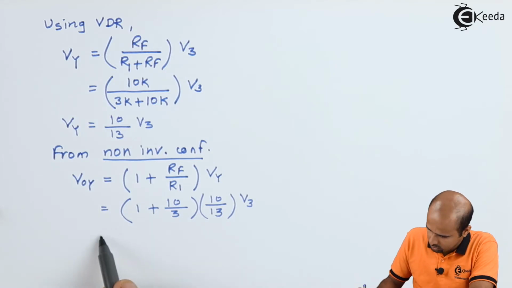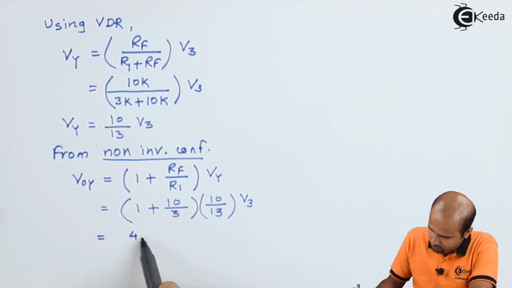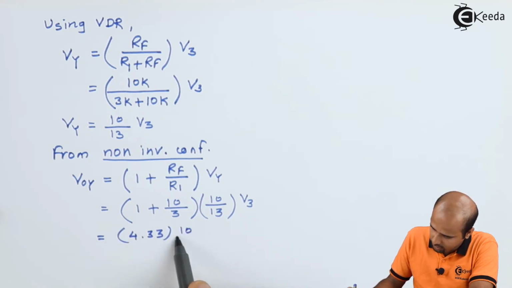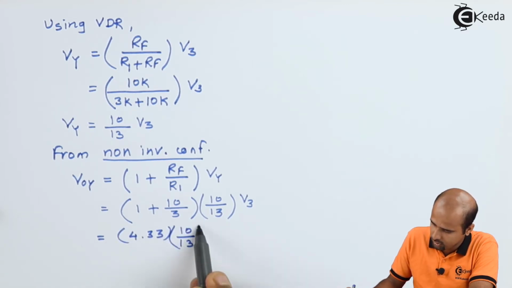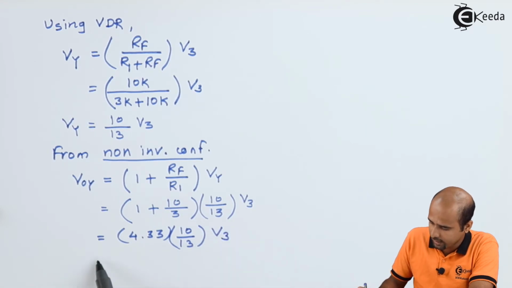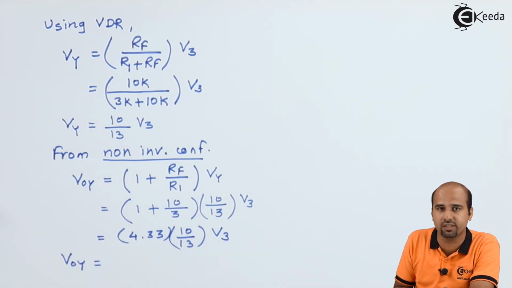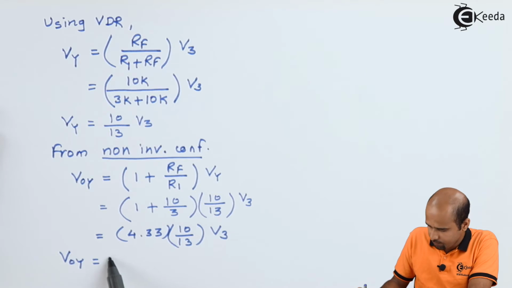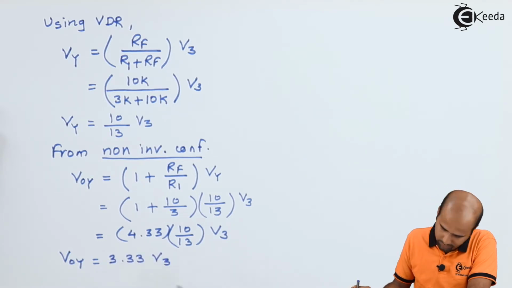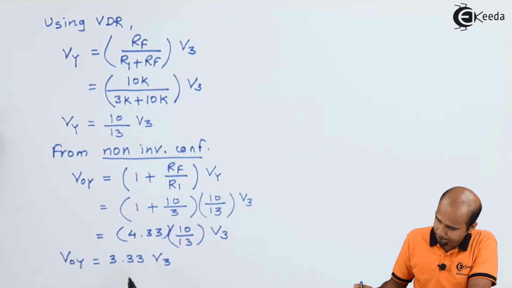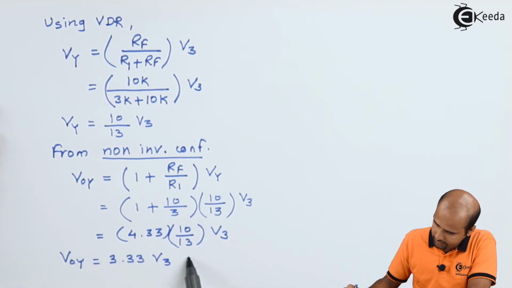We will be getting 4.33 multiplied by 10 by 13. Just check your calci and calculate this particular value. You will be getting the value of VOY in terms of V3 directly. This will come out to be 3.33 into V3 itself. We will treat this as equation number 3.